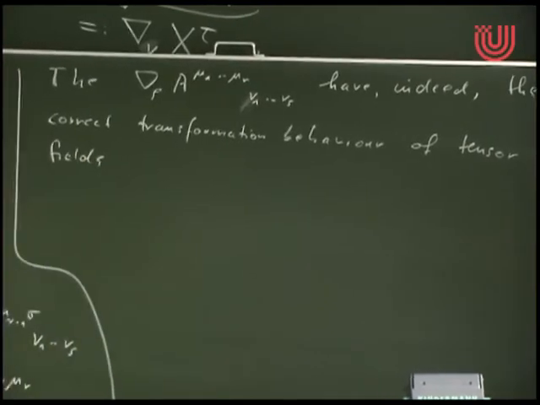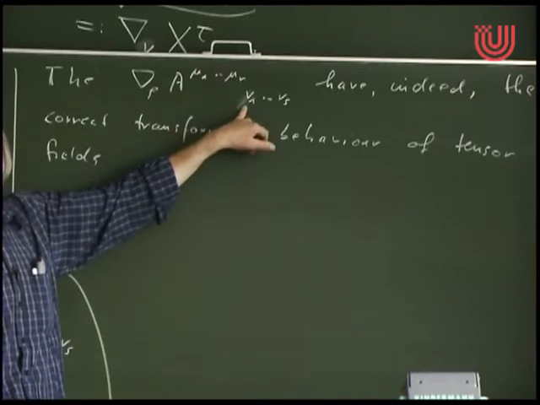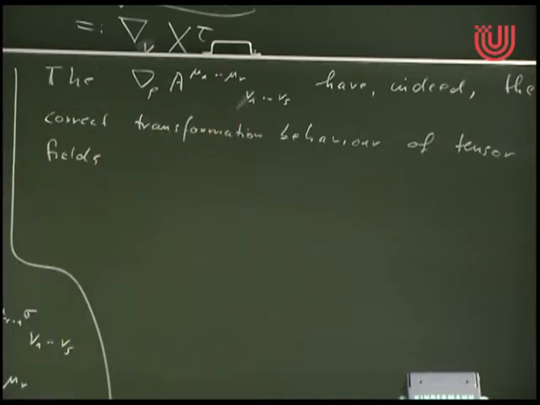This means each upper index transforms with the Jacobi matrix, and each lower index transforms with the inverse Jacobi matrix. And you can check this.